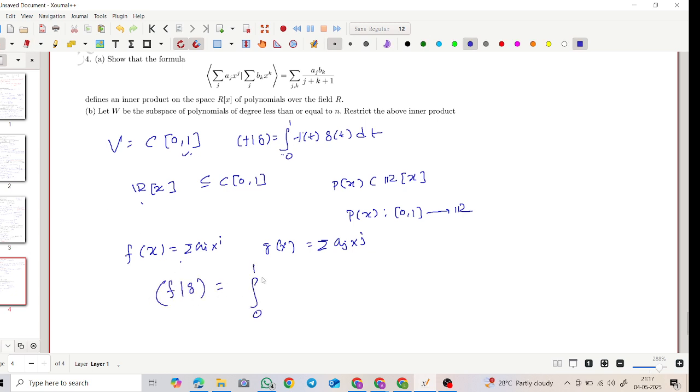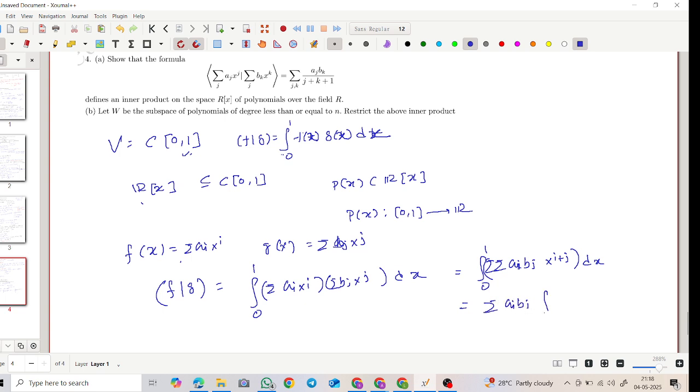It will be the integration from 0 to 1 of the summation of ai x to the power i into bj x to the power j dx. That is the double summation of ai bj times the integral from 0 to 1 of x to the power i plus j dx, taking the summation outside.